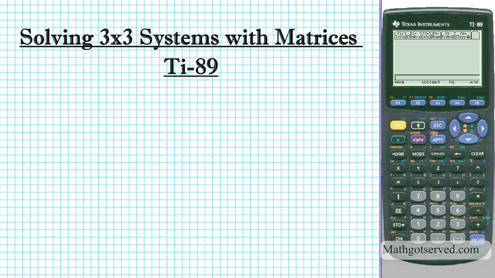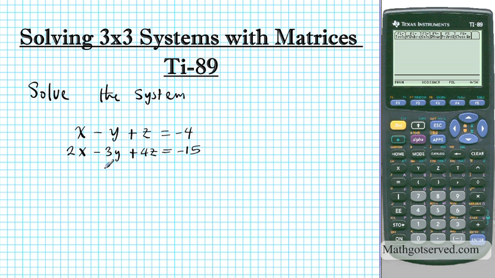So in this clip, we're going to solve the system x minus y plus z equals -4, 2x minus 3y plus 4z equals -15, 5x plus y minus 2z equals 12.